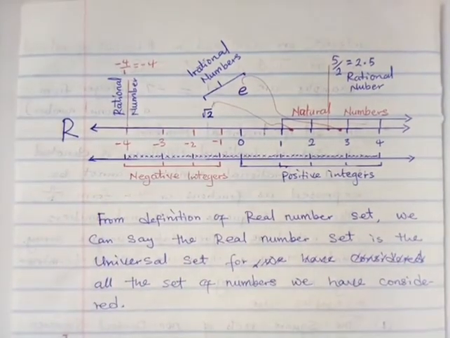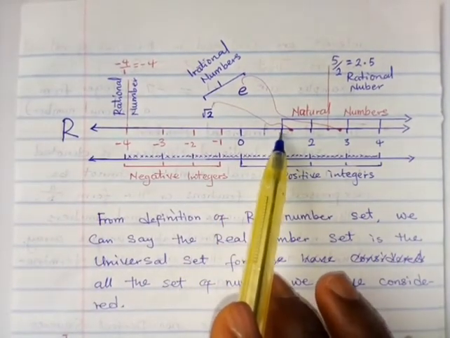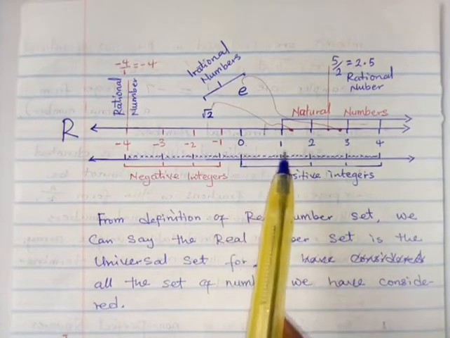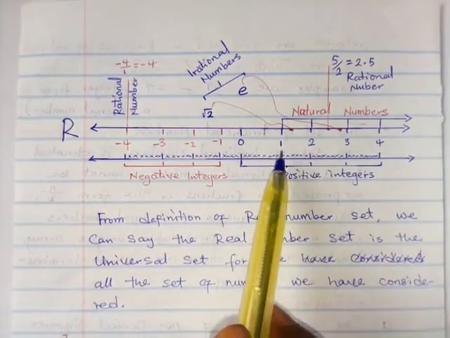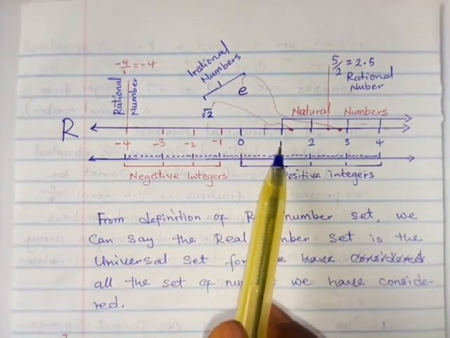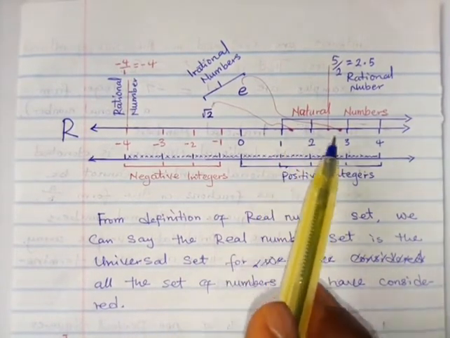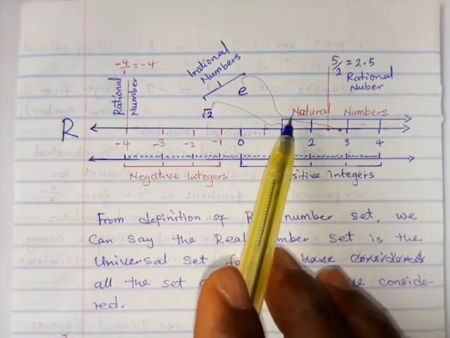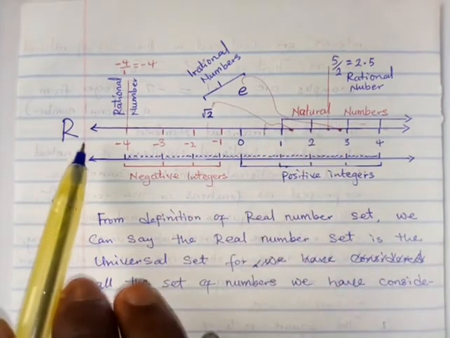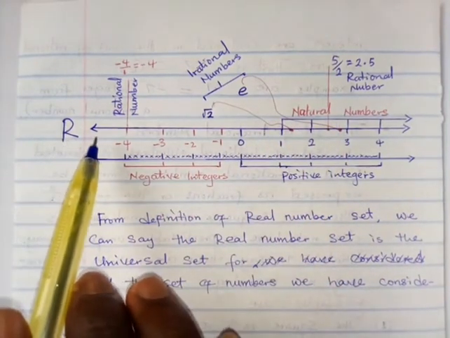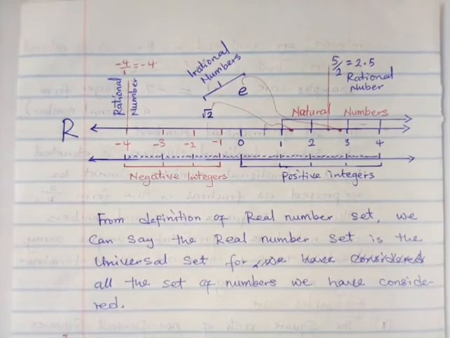Also, if we start from positive 1 up to plus infinity, the whole numbers between 1 and positive infinity give us the natural numbers. It therefore follows that the set of natural numbers is a subset of the set of real numbers.